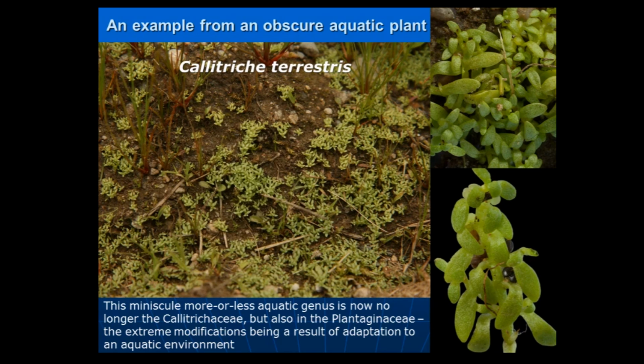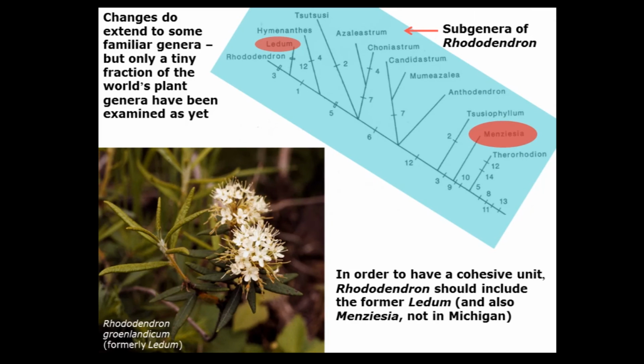extreme differences. And remember, plants are very prone to this because plants are very plastic. These extreme differences are the result of adaptation to an aquatic or semi-aquatic environment. This thing typically grows in tire ruts and wet roads.